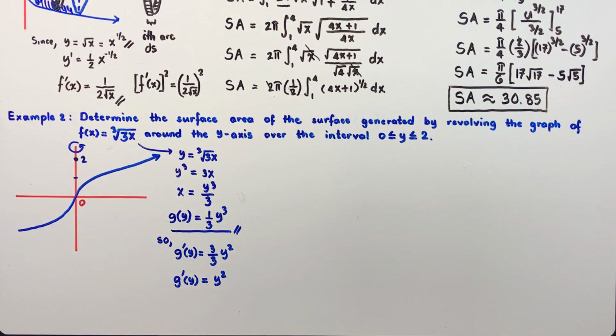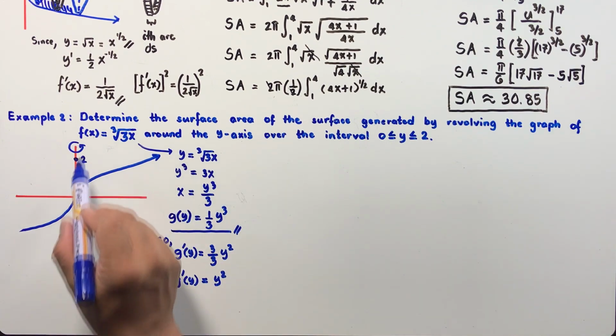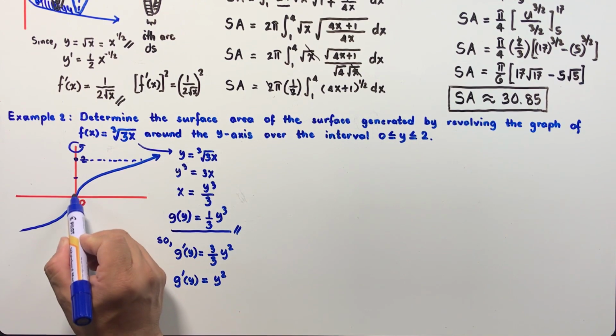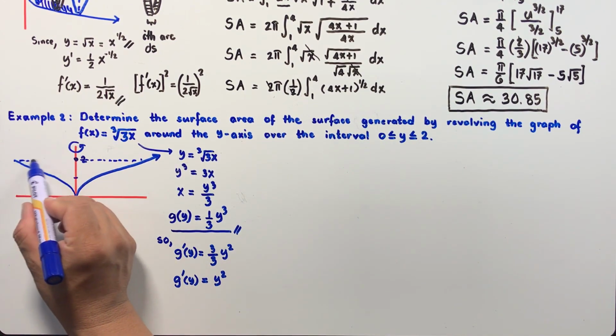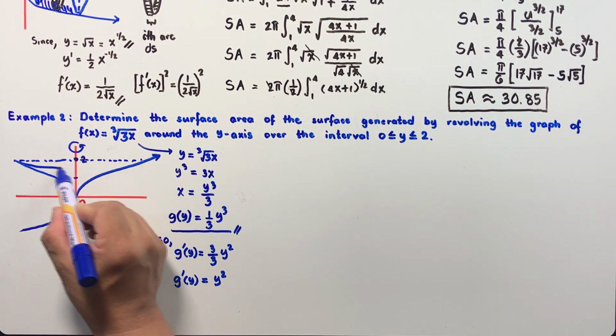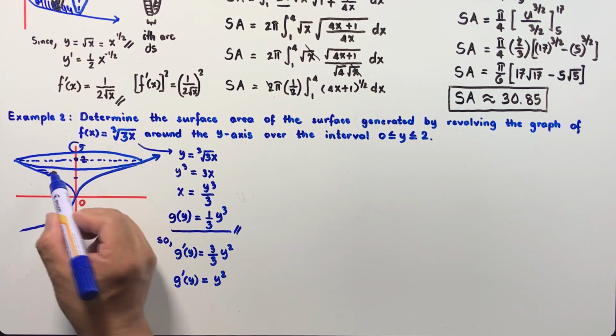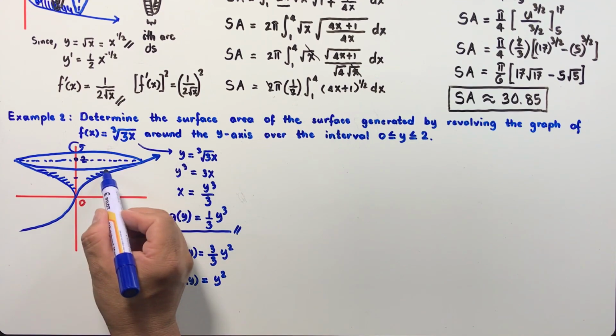And you can check this graph using a graphing calculator. So revolving this graph about the y-axis, you form a solid of revolution, which looks like this one here. So this is now our solid of revolution.